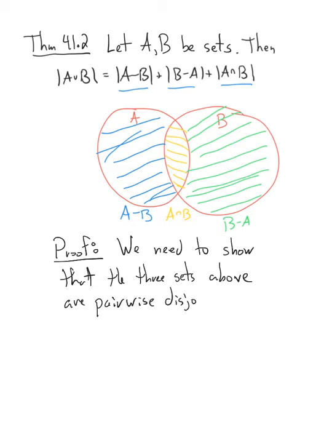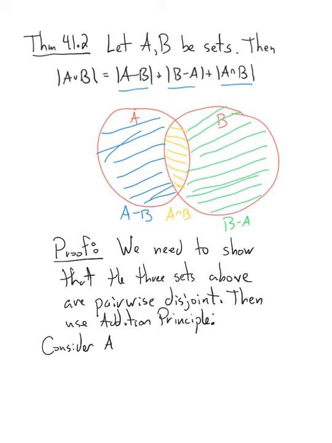If we can do that, we can just use the addition principle. All right, so let's start. Let's consider the intersection of A minus B and let's do B minus A.